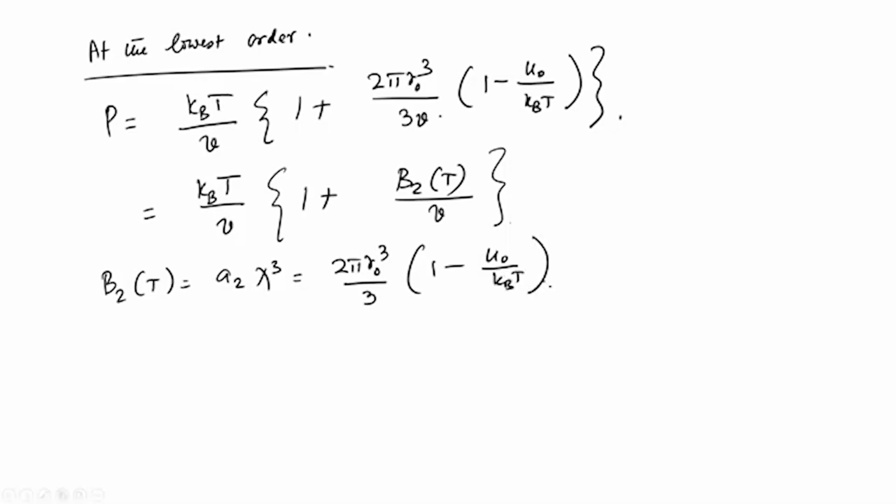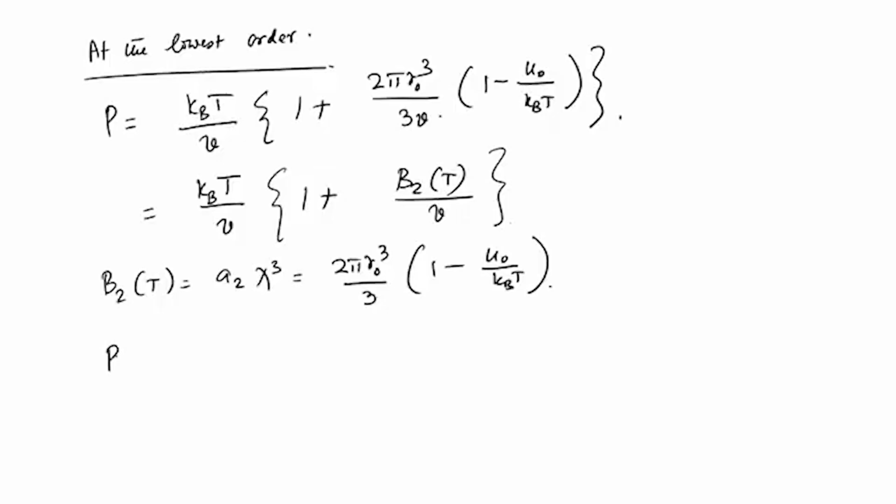Of course, we have found an expression for the pressure for an interacting gas, but it has two approximations built in. One is that we have used this 6 potential, that is minus u0 (r0 by r) to the power 6, and then have taken the high temperature expansion. So, how reliable that is, one does not know unless one puts in all the information that we have obtained so far.